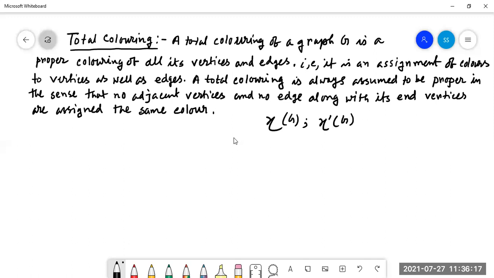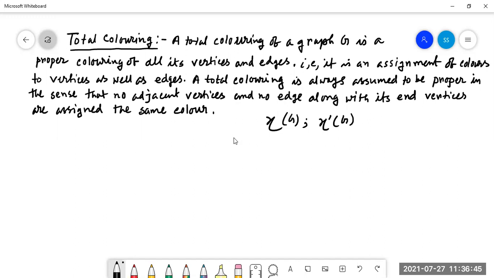So for total coloring, we consider chi G plus chi dash G. Chi G means the minimum number of colors required to color all the vertices such that no adjacent vertices are in the same color. Chi dash G means the chromatic number of edges, that is the number of colors required to color all the edges so that no two incident edges are in the same color.